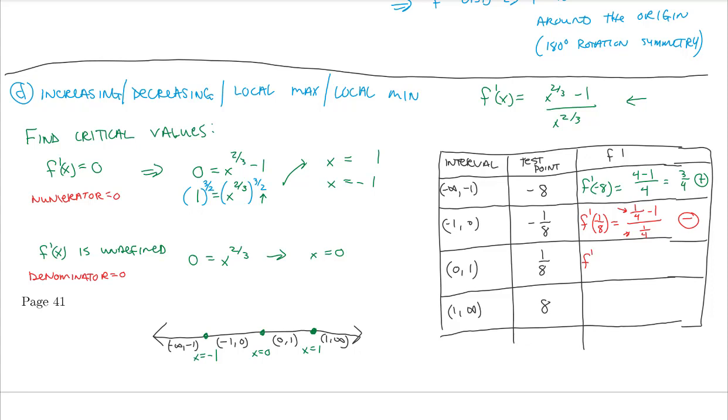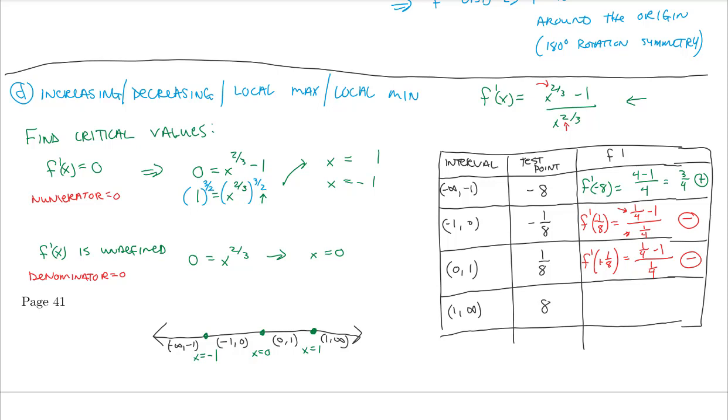The same thing is true when we evaluate this at +1/8. We still get 1/4 minus 1 divided by 1/4 because the 2 in the numerator of the exponent is going to eliminate those negative signs, and we're going to be left with just the cube root squared of 1/8 there.